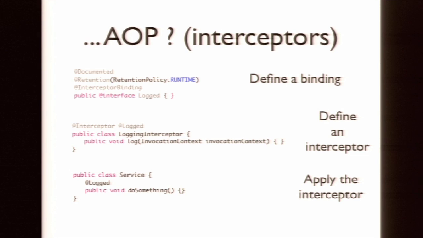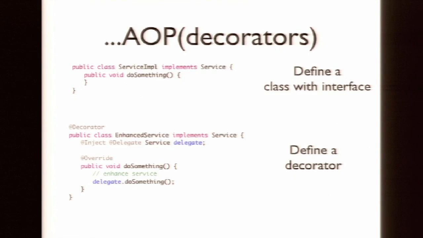So it's very easy to create a DSL around your cross-cutting concerns. Another thing that CDI has is decorators. Decorators require an interface, and you can create a class that decorates it and adds functionality to existing classes.